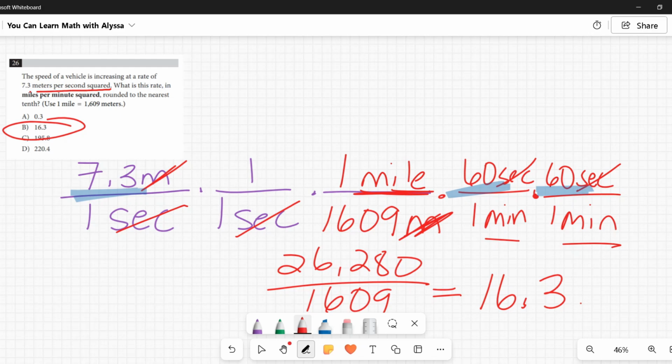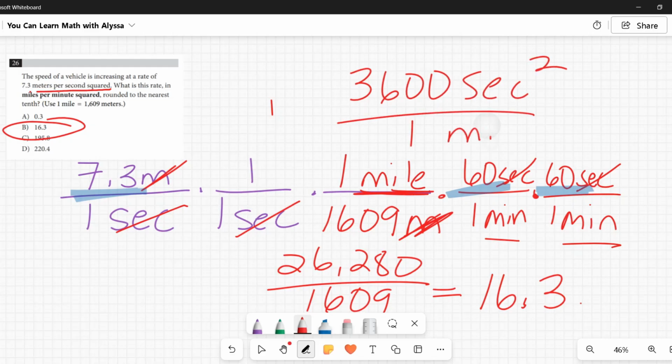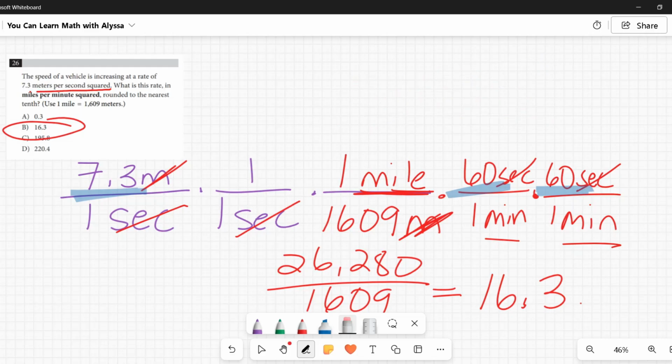I think the answer key did the ratio as 3,600 seconds squared equals 1 minute squared, if I'm recalling correctly. That's not a ratio that most of us have on top of our head, but we've learned that 60 seconds is 1 minute, so I think it's easier to visualize that way. Your mileage may vary. I hope that was helpful. Answer is B, 16.3.